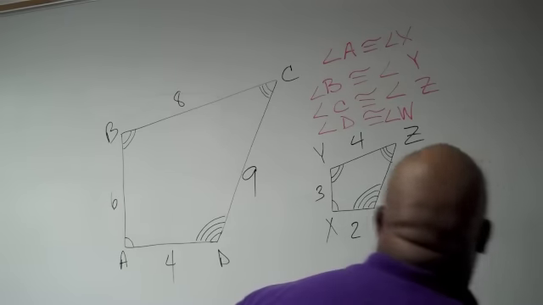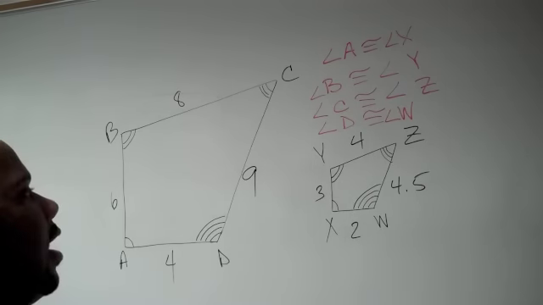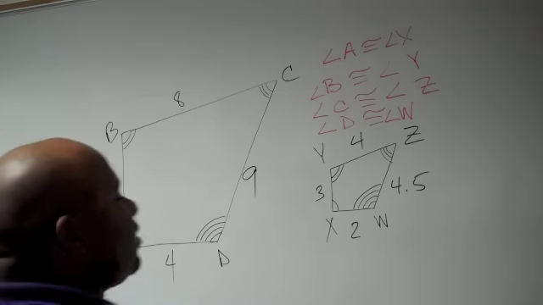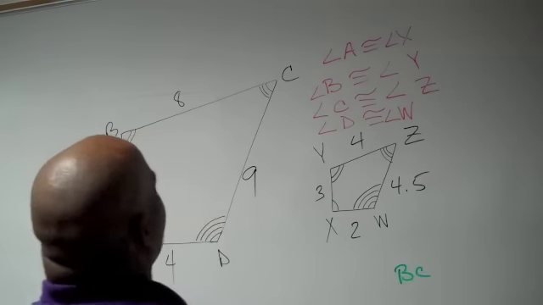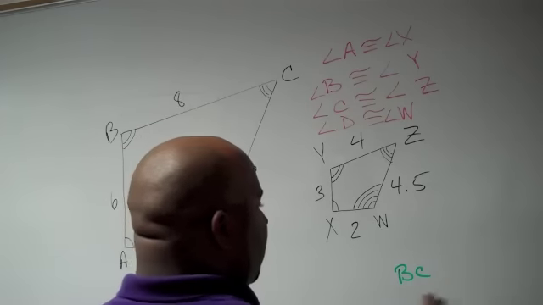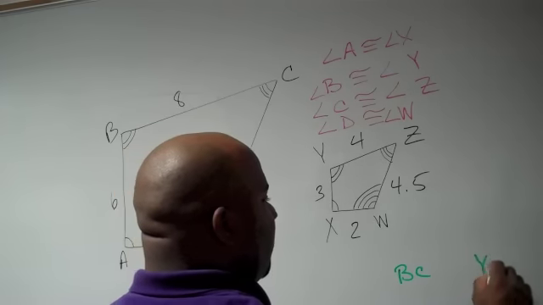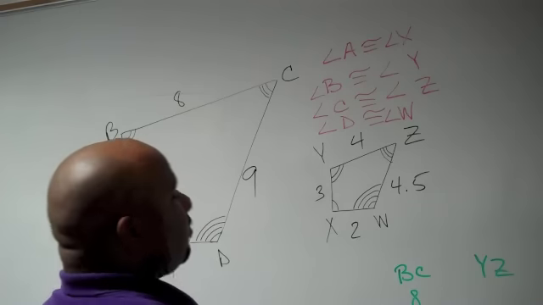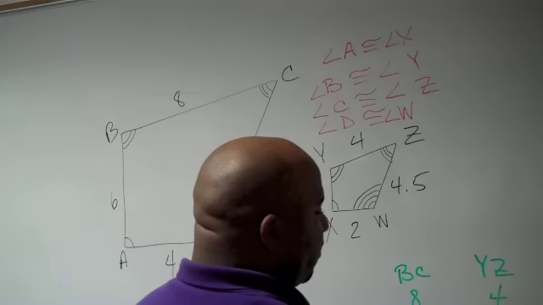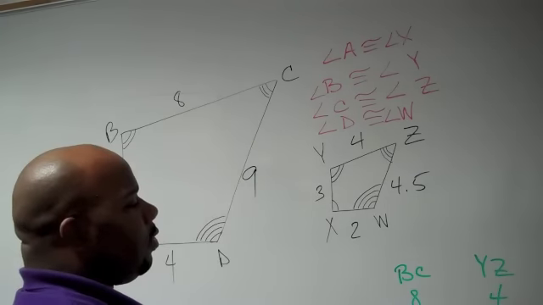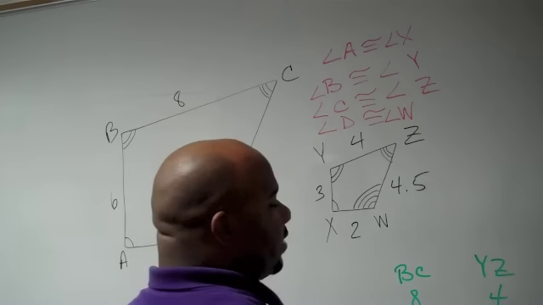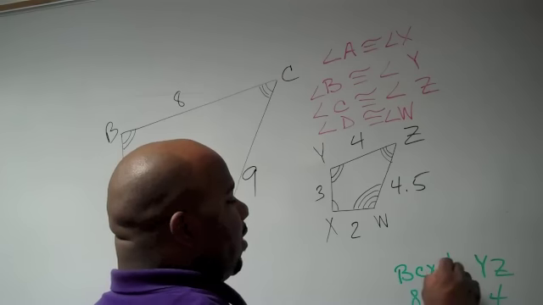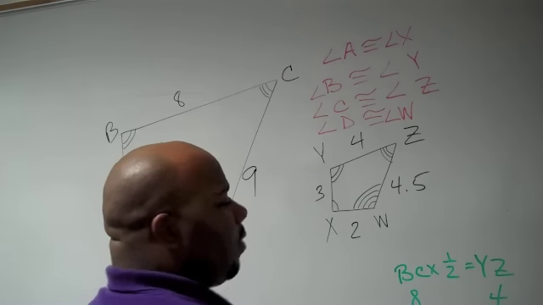Next, we'll look at the proportions of our sides. Now, you can do this by calculating, or you can just look at it. We'll look at side BC as compared to side YZ. Okay? BC is 8. YZ is 4. So, to get from BC to YZ, we multiply BC times 1/2, and that gives us YZ.